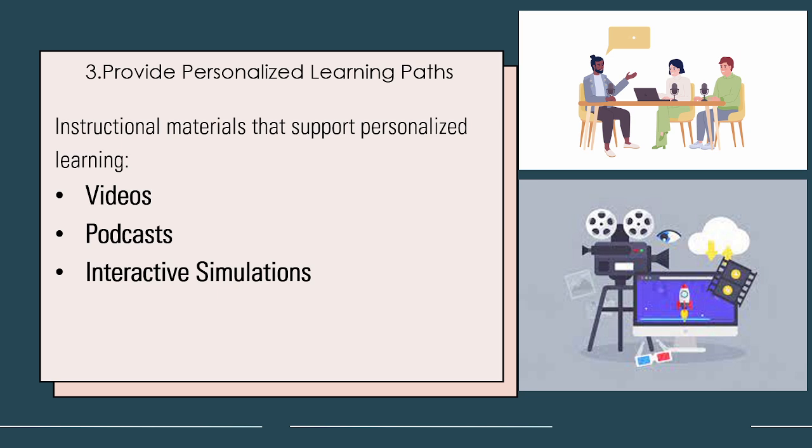Additionally, self paced modules allow learners to progress at their own speed, ensuring mastery before moving forward. By incorporating personalized learning paths, online courses become more engaging and effective, catering to individual learning styles while maintaining high educational standards.